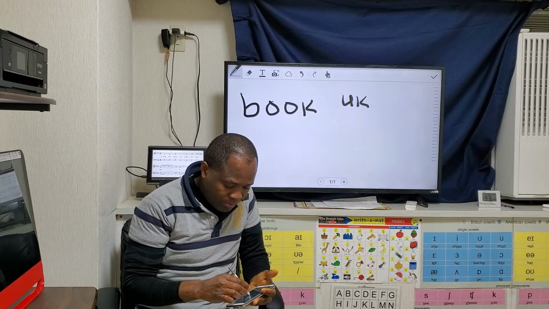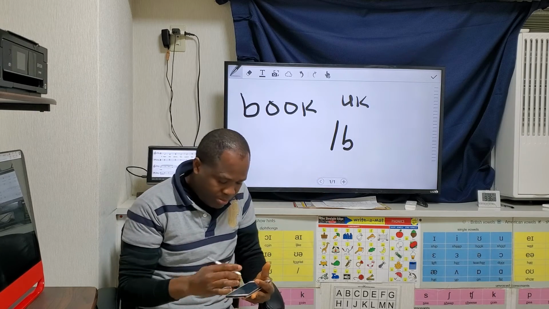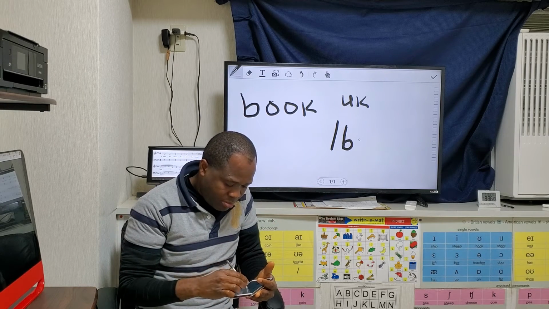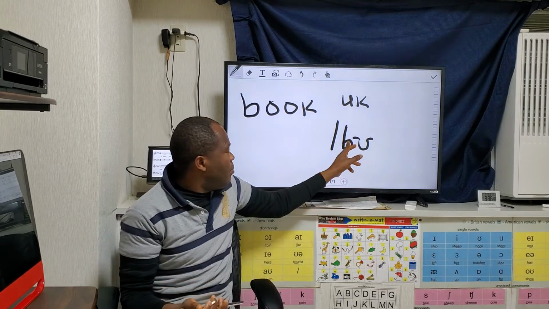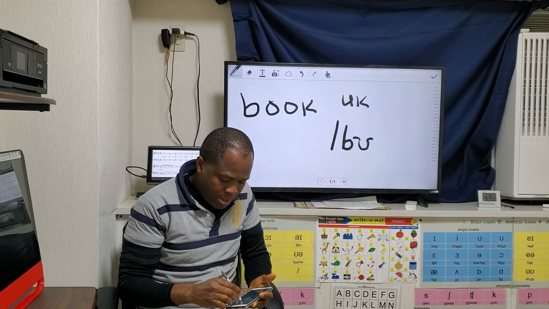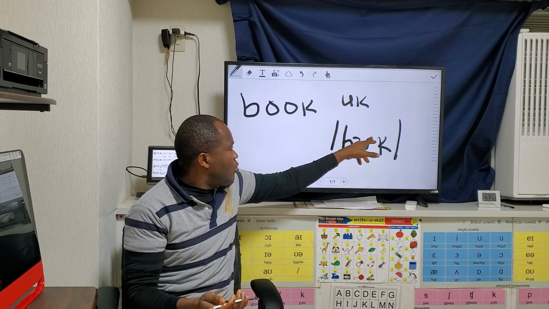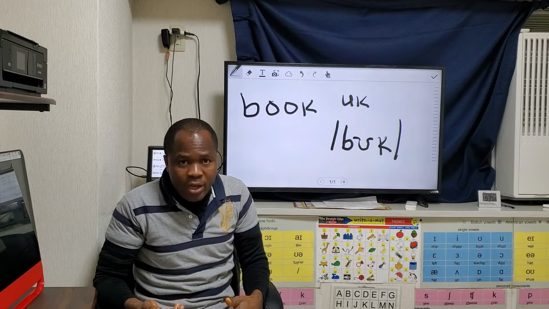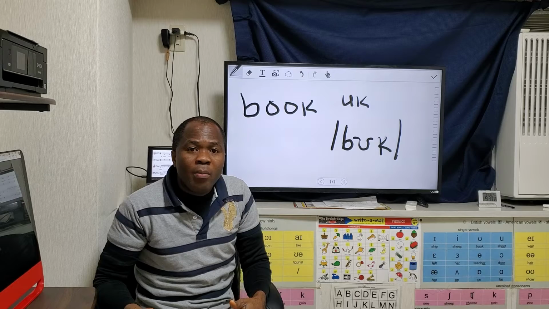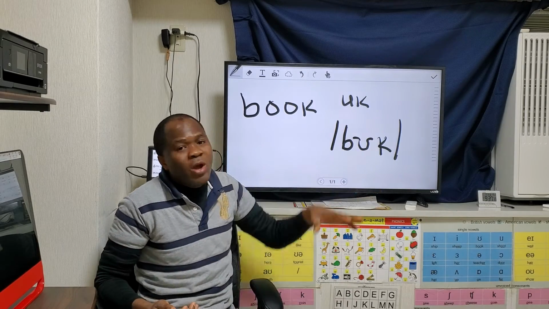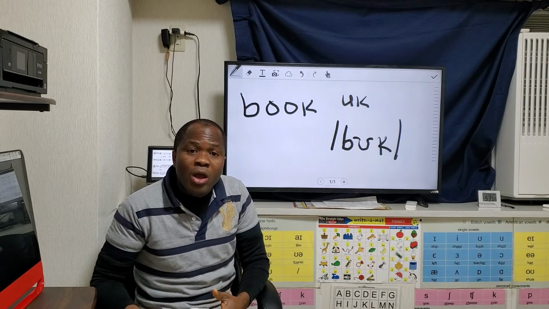In the UK, we have B, ʊ, K. Book. This has one vowel, so it's a one syllable word. Book.